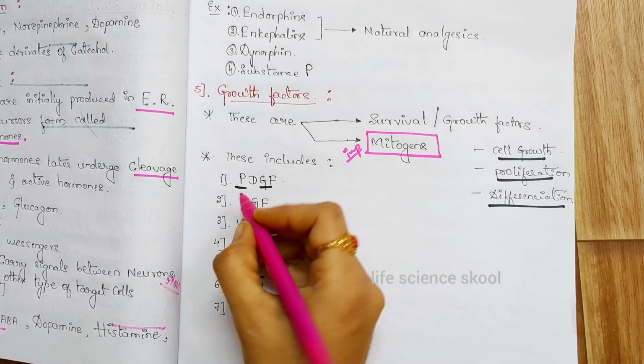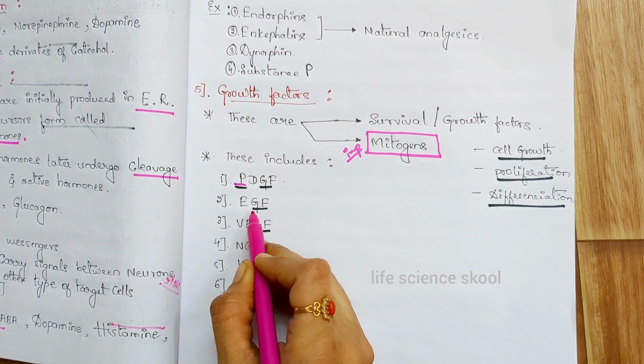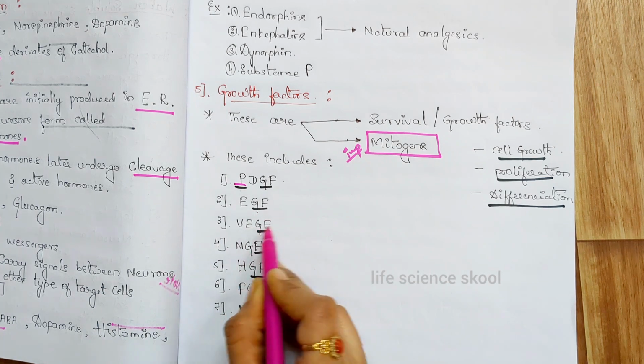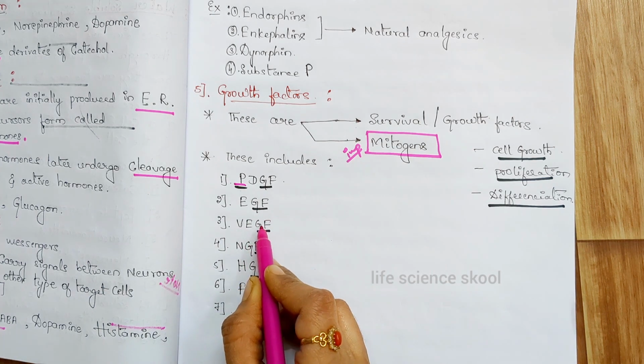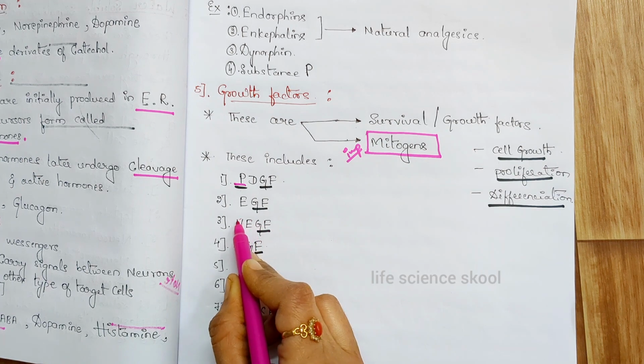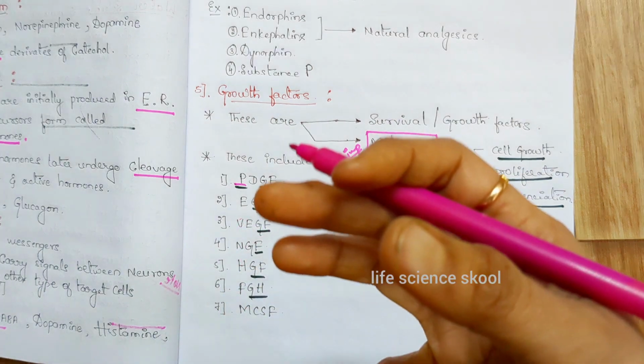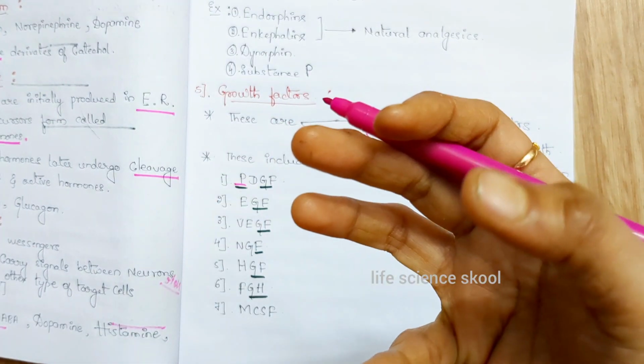So PDGF is platelet derived growth factor, then EGF means epidermal growth factor, and then VEGF means vascular endothelial growth factor. This is actually a permeability factor, we can say.